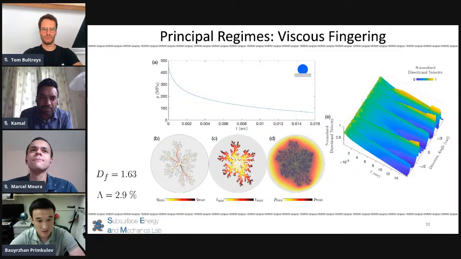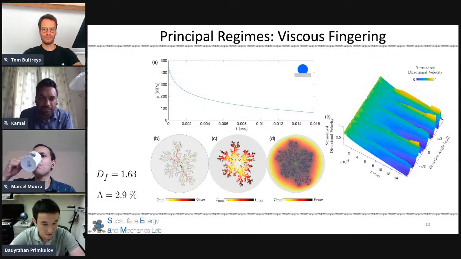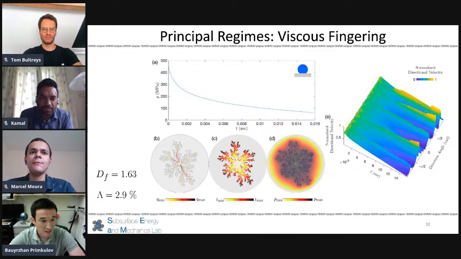So in here, much less of the front is active, which means mostly the fingertips have some pore activity. Most of the interface is still. And the fractal dimension is between 1.6 and 1.7, which is what other people also report in the literature.